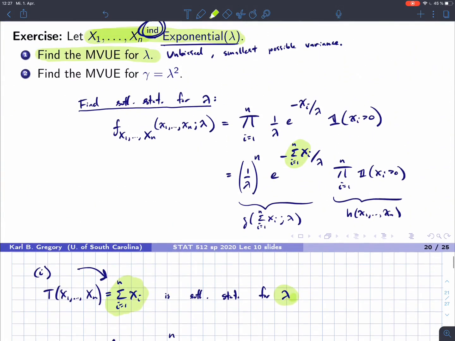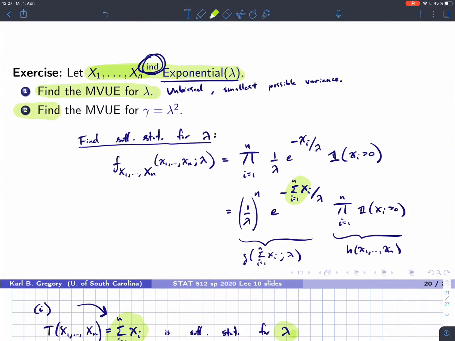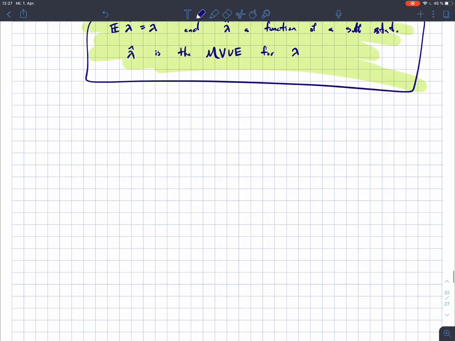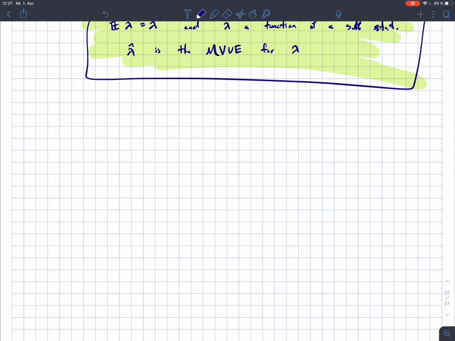Let's go back and look at part 2. Now let's say we want to estimate lambda squared, which we're going to call gamma. So the second part of this was let gamma equal lambda squared.